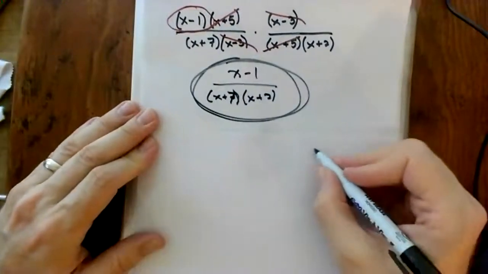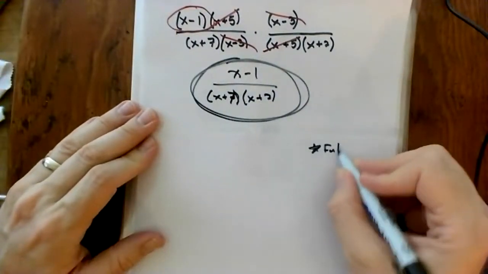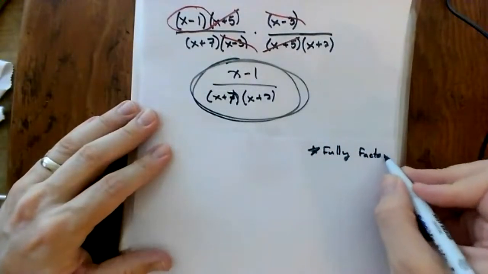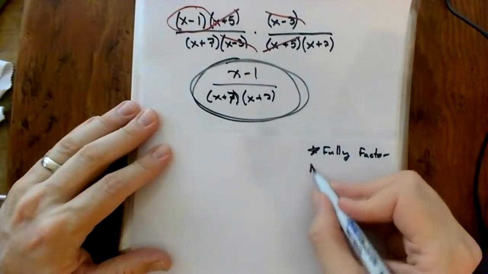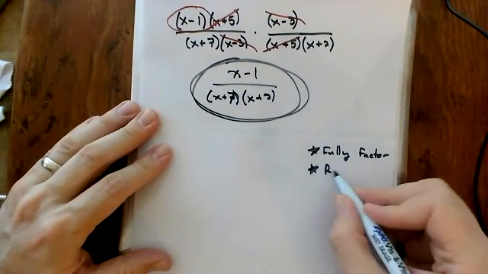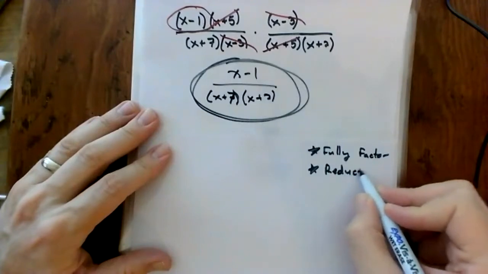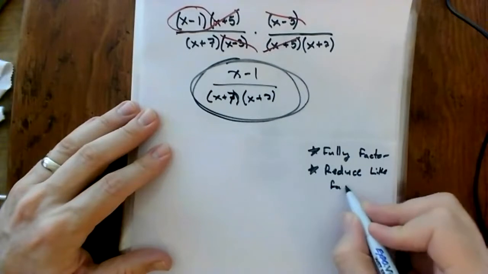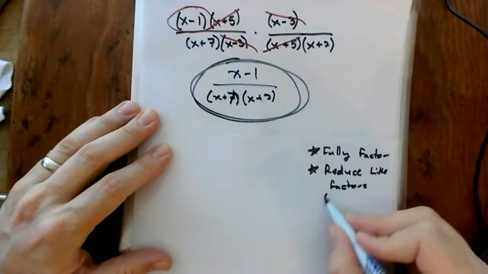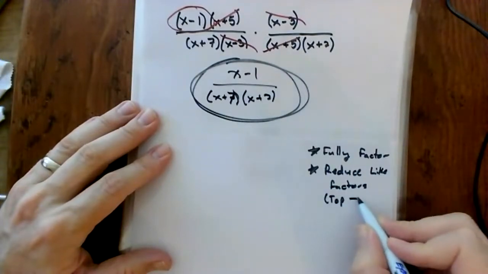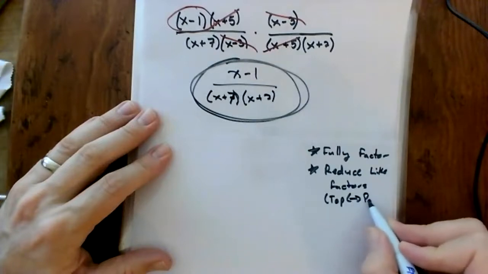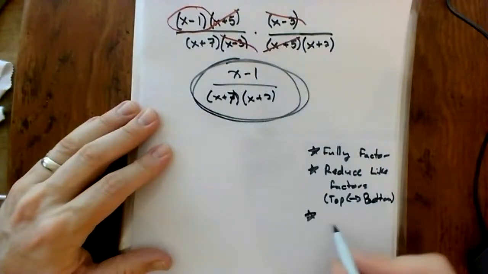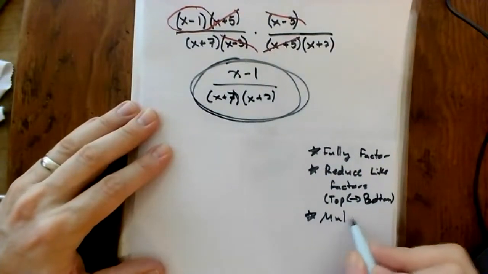We're going to fully factor our polynomials. We're going to then reduce our like factors top to bottom. And then, last but not least, we're going to multiply.